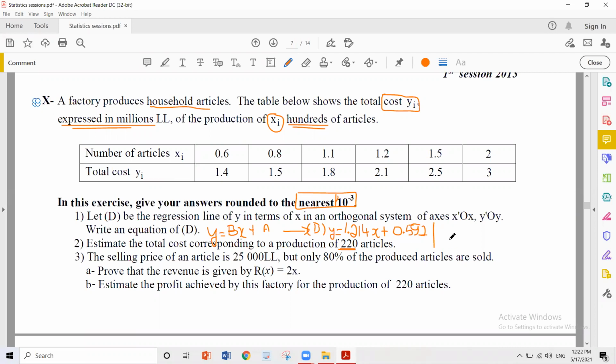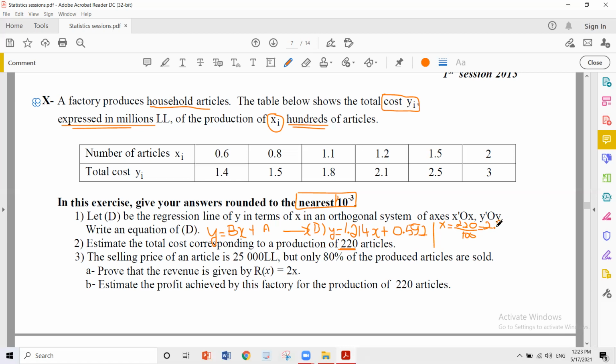X equals 220 over 100, because it is in hundreds. Equals 2.2.